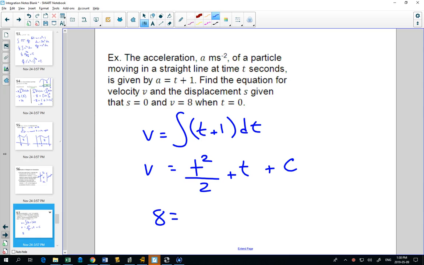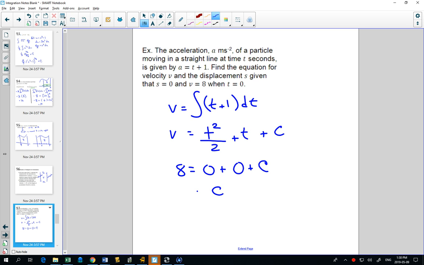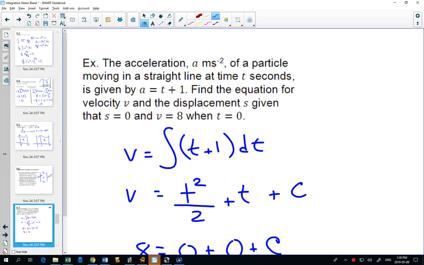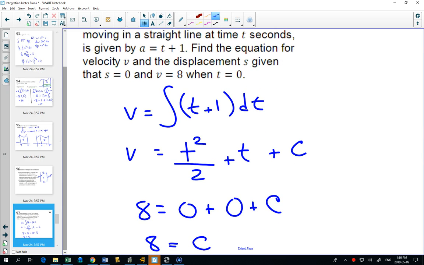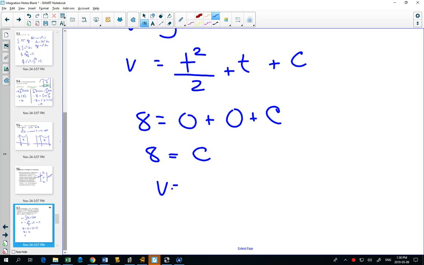So if I plug in 0 for t, I can solve that c would have to be 8. And so I know my actual velocity equation is t squared over 2 plus t plus 8.